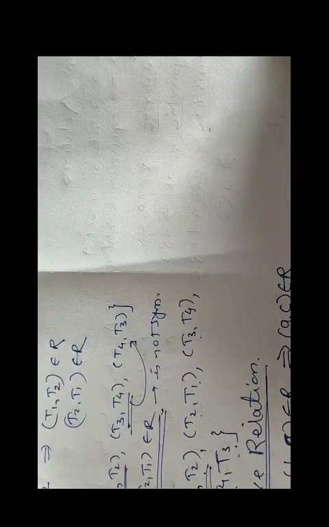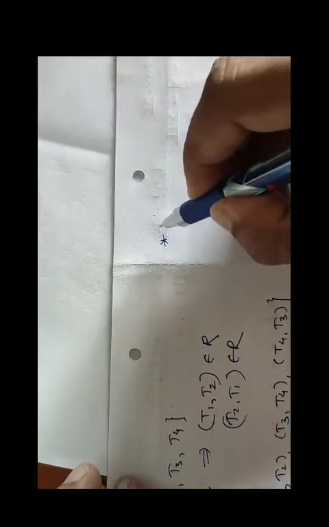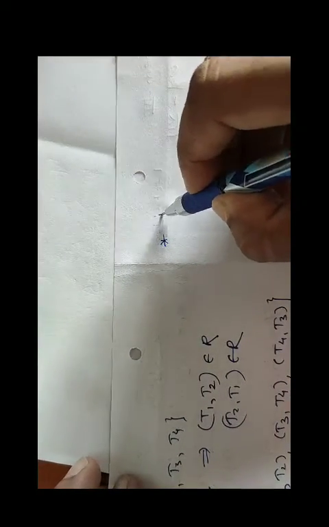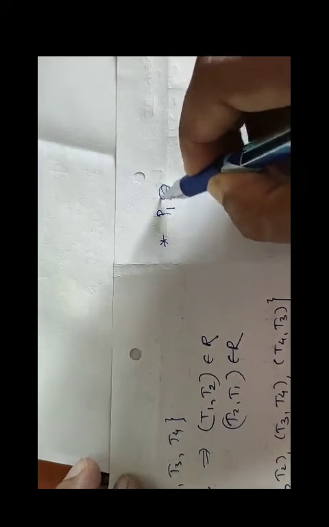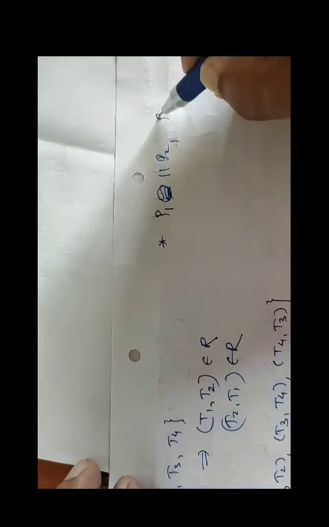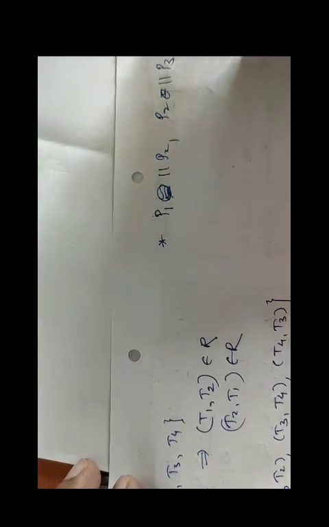Did you get it? Or in the second set of parallel lines, if P1 is parallel to P2, and P2 is parallel to P3, it implies that line P1 is parallel to line P3.